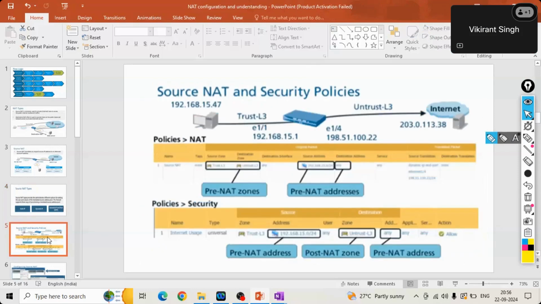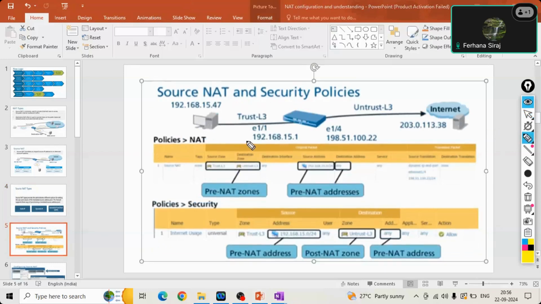Let's go and check source. So this is something we can just understand. Trust, this is our LAN network, right? This is our LAN IP before reaching the firewall. Right after it reaches the firewall, we have configured NAT in the firewall, so we'll get a new IP from here.